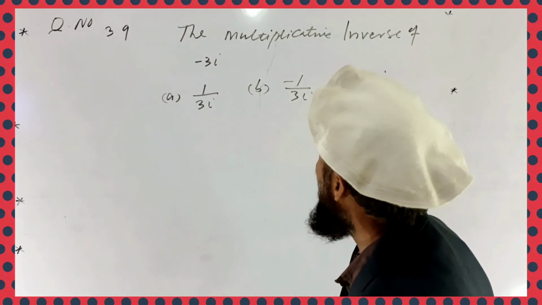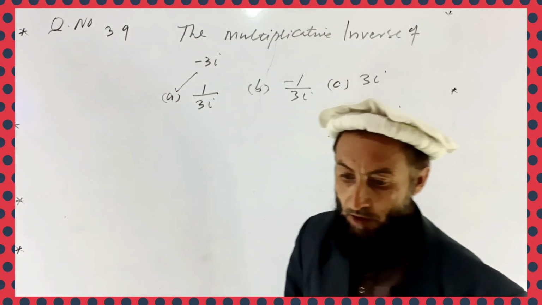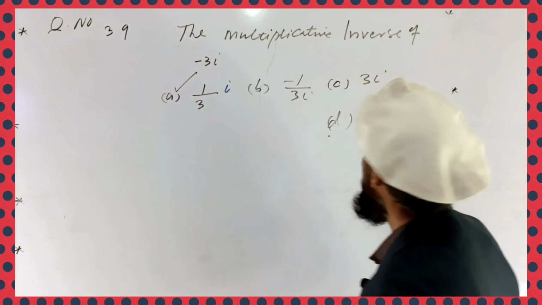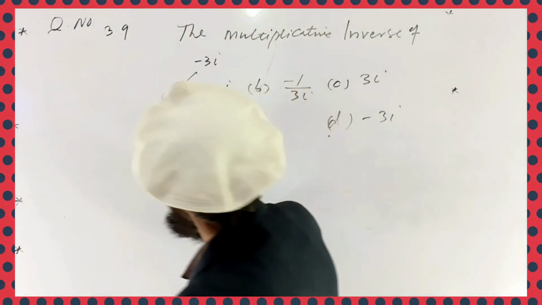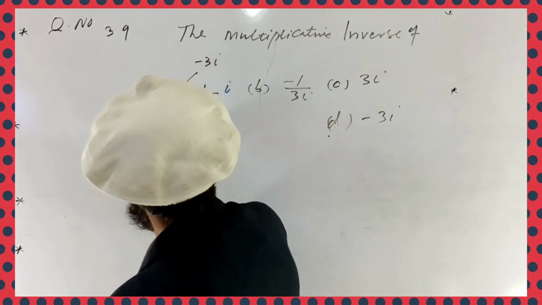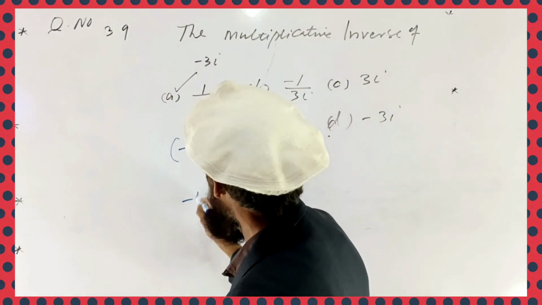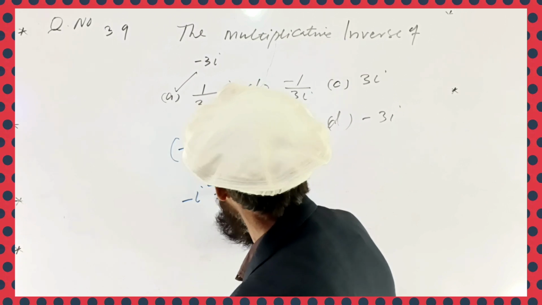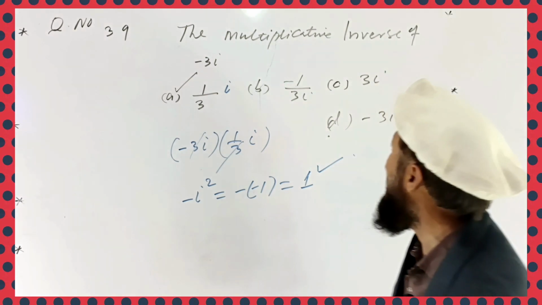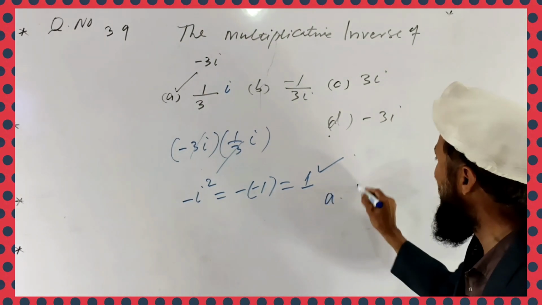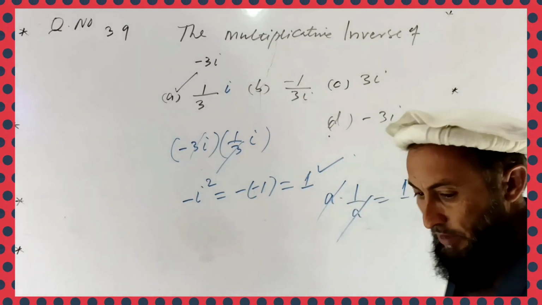The correct answer is A. Because if we check this, 1 over minus 3 iota into 1 over 3 iota, so both are cancelled, and minus iota square, so we will get minus into minus 1 is equal to plus 1. So that is called the multiplicative inverse. Multiplicative inverse we can write the property, both multiplied, we will get 1. So that is the multiplicative inverse.